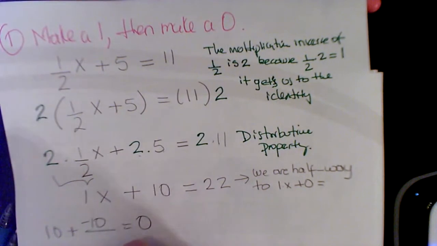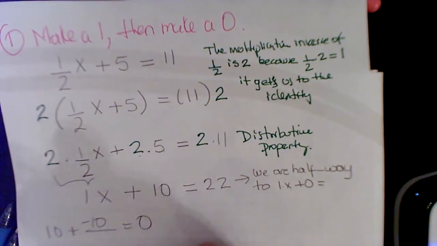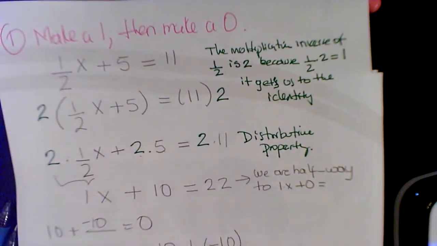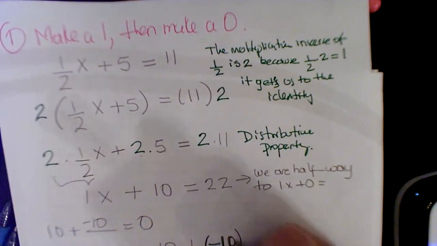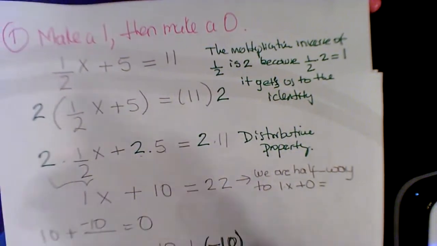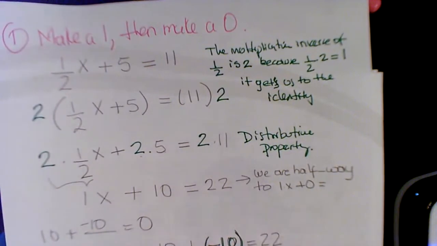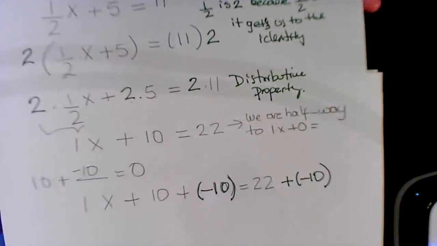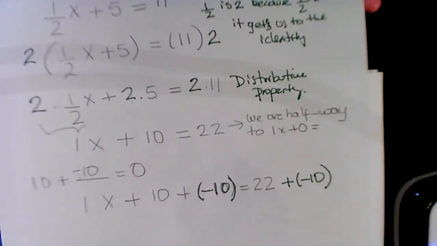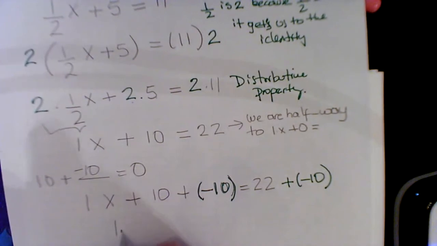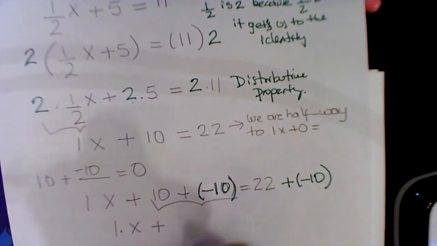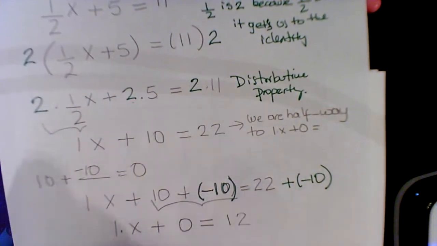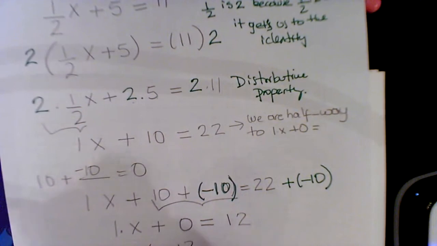So let's do that. Let's go back. So we have the 10, and we're going to add the negative 10 on both sides. There we go. So now we have 1x plus, this is 0, equal to 12, or x equal to 12.